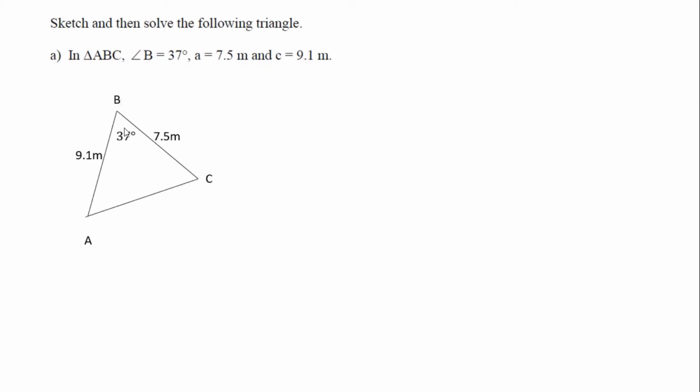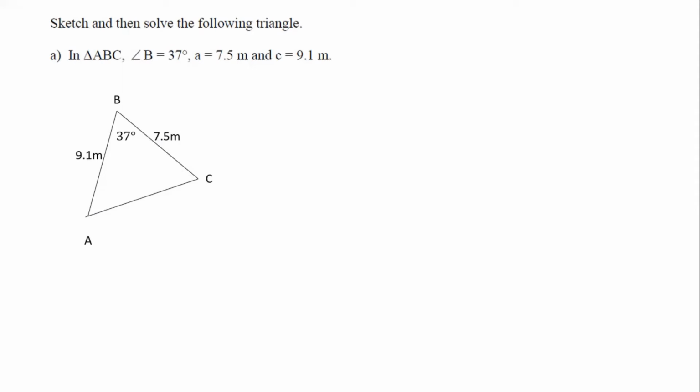Right across from side A, here's angle A. So right across from that is a 7.5. Oh, now I get it. Right across from C, this is angle C. Across from that is side C. So this is why this is 9.1 over here. Okay?